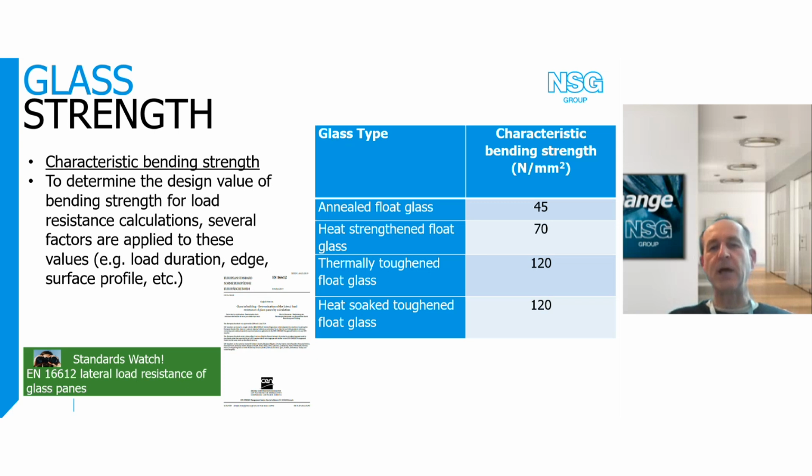So, for example, toughened glass with a characteristic bending strength of 120 newtons per square millimeter is stronger than heat strengthened glass, which is stronger than annealed glass. To determine the design value of bending strength for load resistance calculations, in accordance with EN 16612, several factors have to be applied to these values, for example, load duration, edge factors, and surface profile.